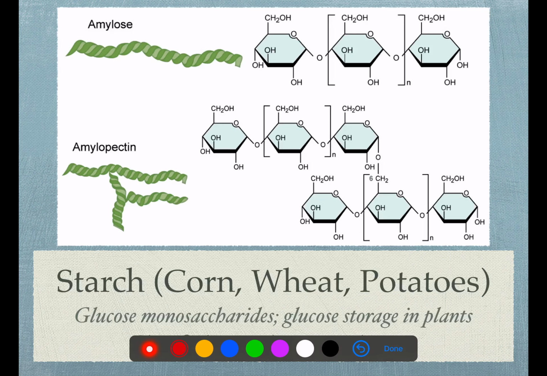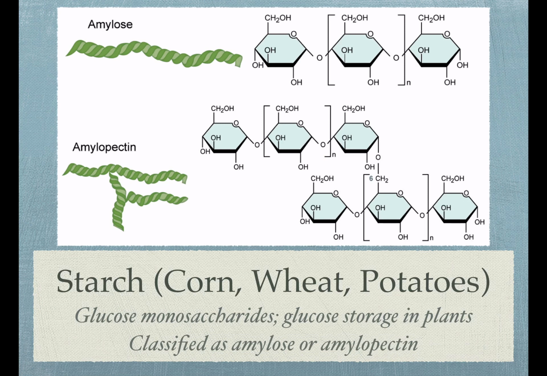So next up, we're going to talk about starch. Starch is found in corn and wheat and potatoes, so it's also a plant polysaccharide, but it is digestible. So we are capable of breaking the glycosidic bonds that make up starch molecules. There are 2 different types of starch polysaccharides.